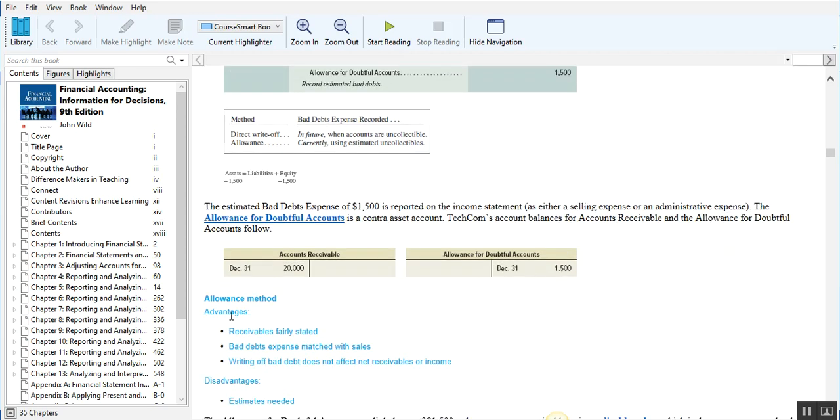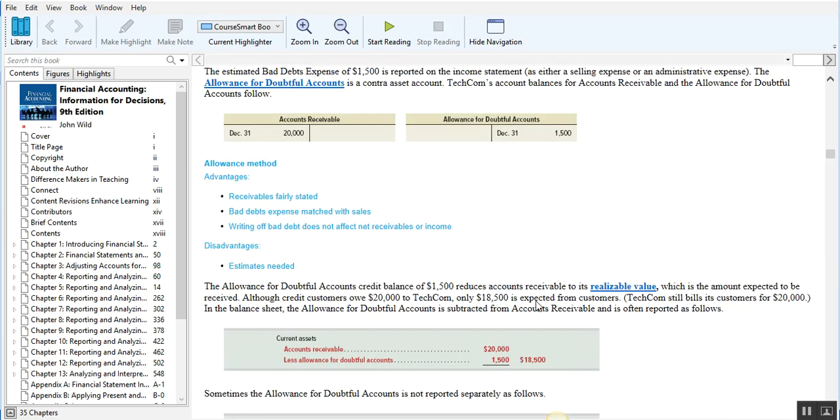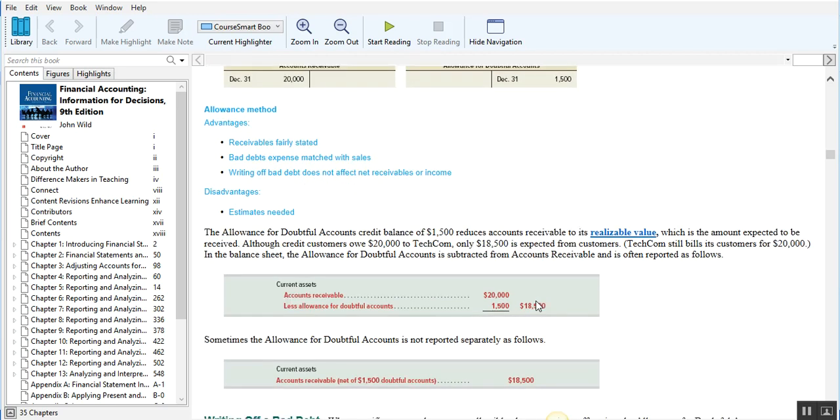And so here's what we have. We have the accounts receivable amount of $20,000 that the company has and an allowance credit of $1,500. Now, when we report this on our financial statement in the assets section of the balance sheet, we're going to show the accounts receivable balance of 20,000. That's right here.